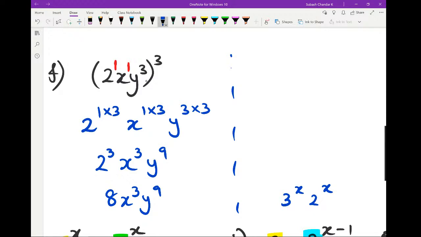But remember that this could be written as 3 to the power of 1 times x and 2 to the power of 1 times x, which means I could see that x is a common power. So I could rewrite this as 3 to the power of 1 times 2 to the power of 1, and that's all raised to the power of x, which means going back one step, 3 to the power of 1 times 2 to the power of 1, which is the same thing as saying 3 times 2 is 6 to the power of x.